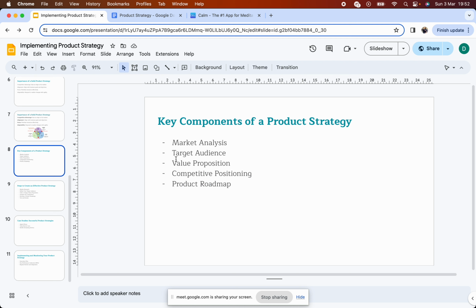So by taking the time to do all of these things, in the end, you end up with a solid product strategy. Product strategy just means all of these key things here. That's all it means. And all of these things will take weeks and months to really understand.